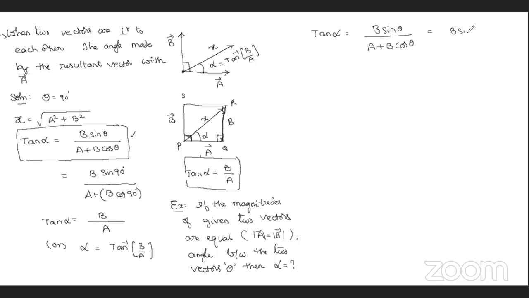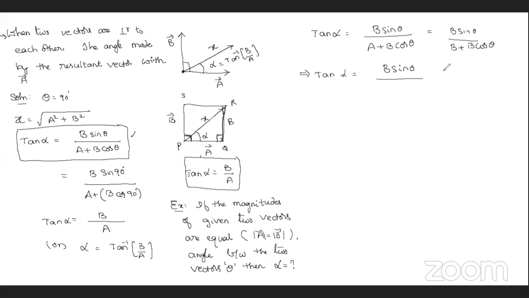So B sin theta divided by, in place of A also B, B plus B cos theta. What can you do, Nana? Numerator, nothing, no change is there. B sin theta only, numerator.